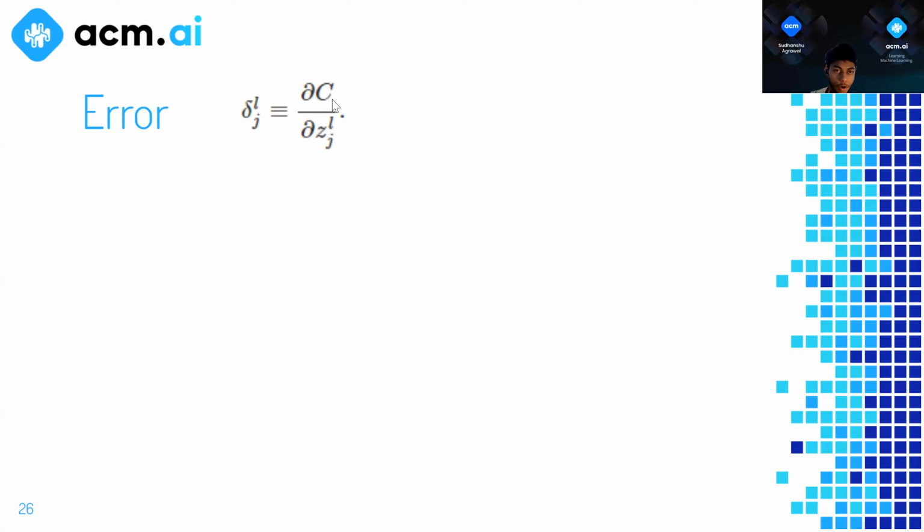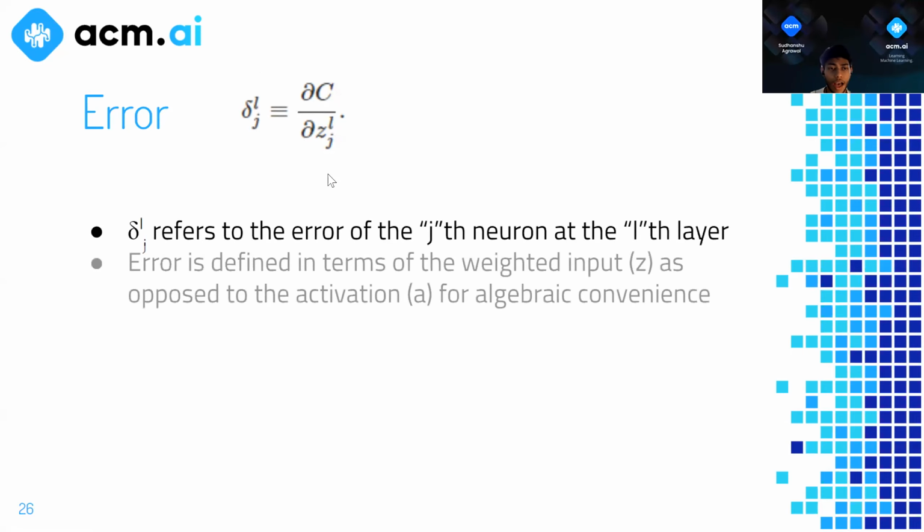The partial derivative of the cost with respect to Z, where Z is that weighted input vector Wx plus B, and we take that at the jth neuron at the Lth layer. The notation we use for that is delta j superscript L. So it's similar to what we've seen before. Intuitively speaking, it's saying how much does the cost depend on that one particular neuron.